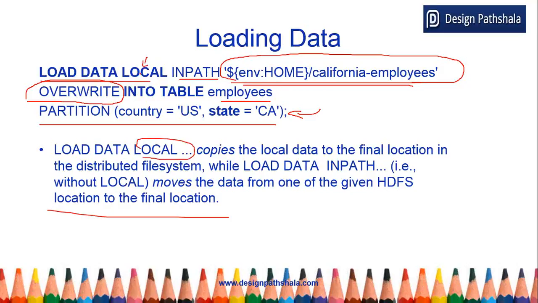But if I'm not giving local as a keyword, the path I'm giving is the path of HDFS only. So this is the difference between load data with local and without local. And with overwrite and without overwrite, rather than overwrite, I can use insert into. So insert into will append the data, overwrite will overwrite the data.